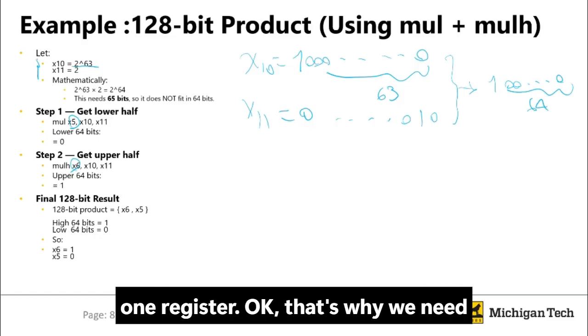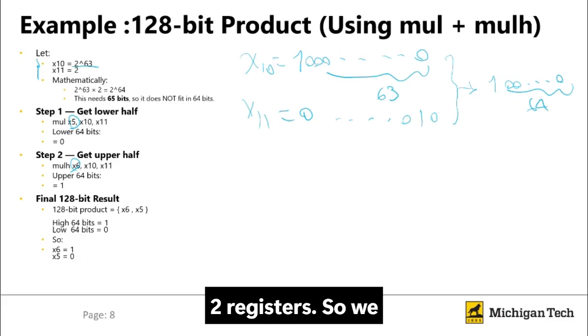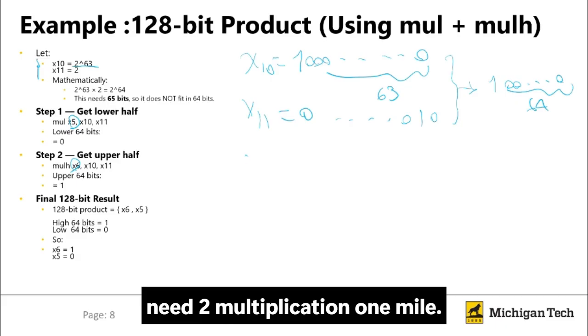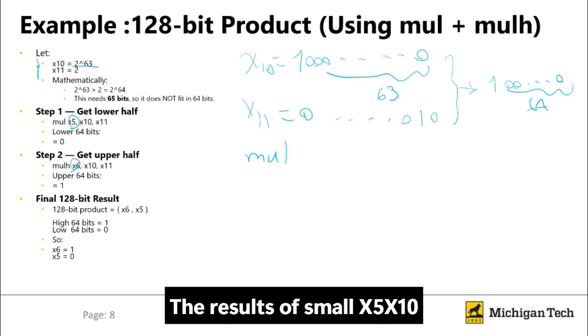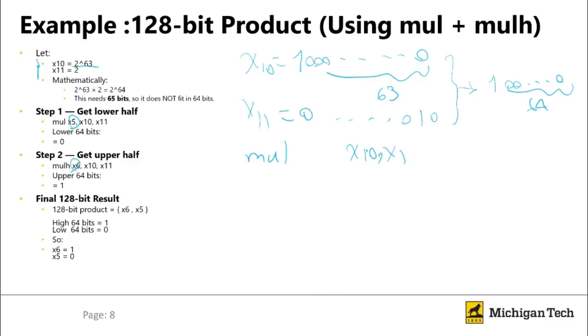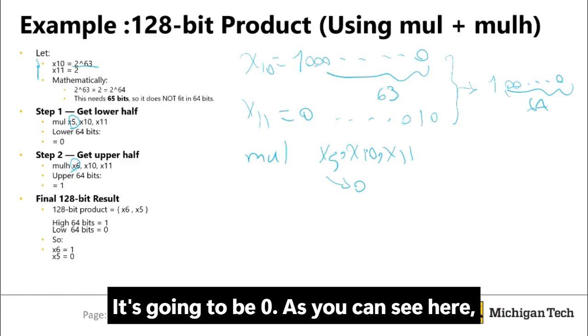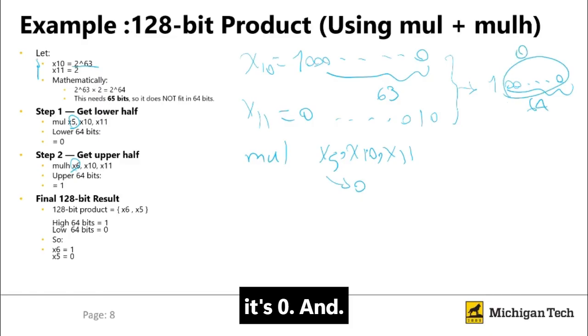That's why we need two registers. So we need two multiplications. One is mul, mul x5, x10, x11, and the result is going to be 0, as you can see here.